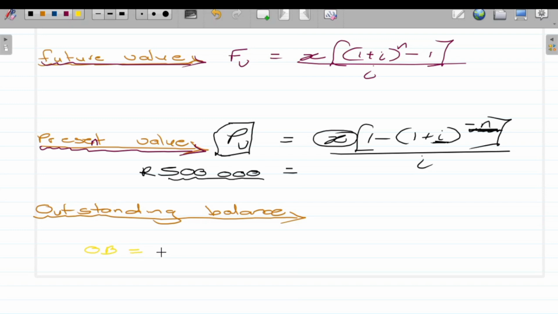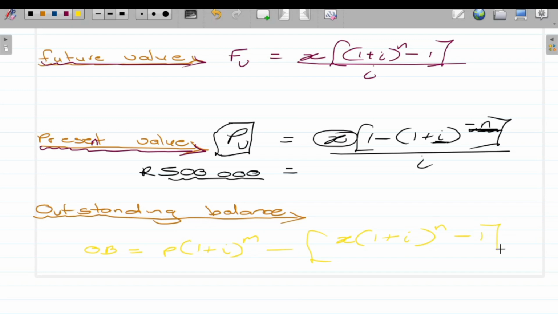OB is equal to the loan, the present value, in this case P, times (1 + i) to the power of m, and you subtract from this your future value. So you take the future value formula and just put it over there, and it's supposed to just work out. They don't show you this formula on the formula sheet, and you must know it.